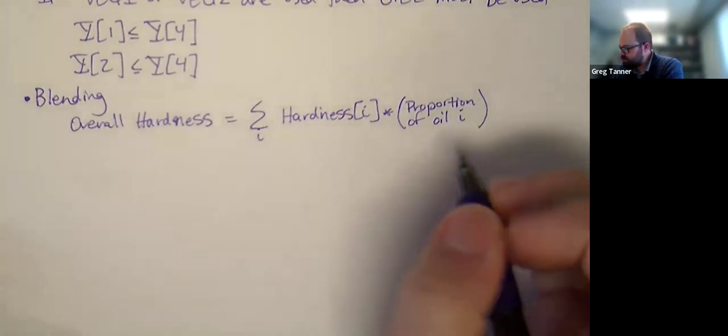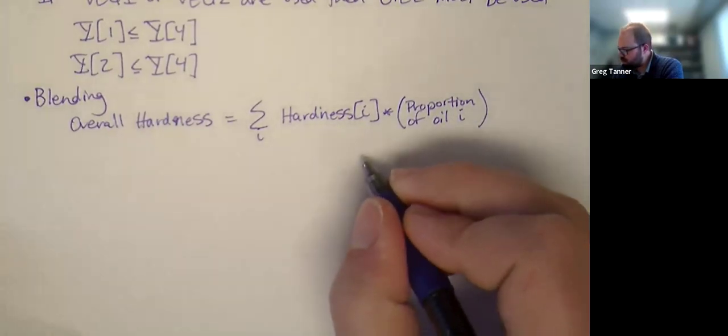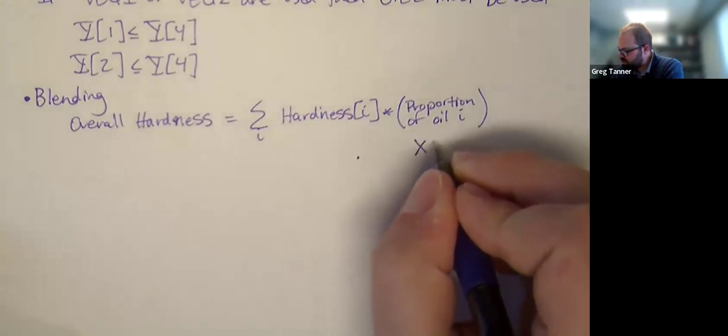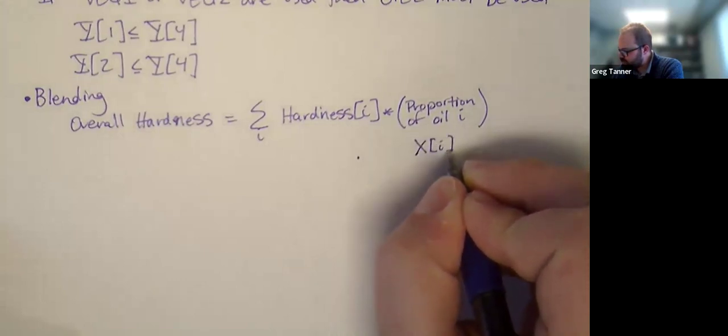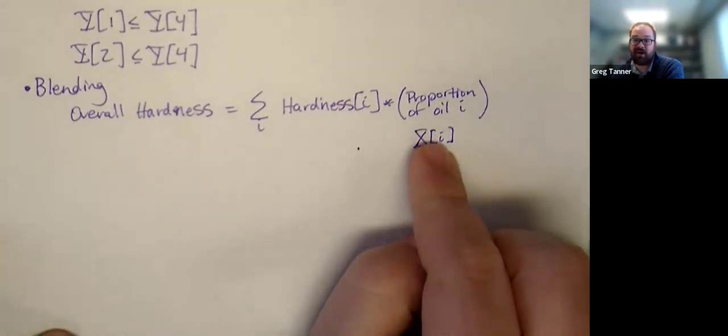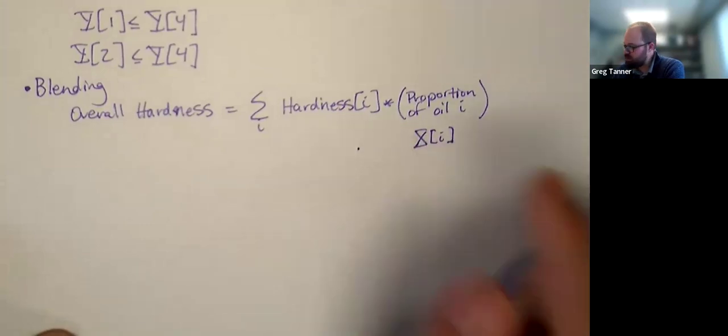Let's think about what this proportion of oil i is. That's going to be xi, the amount of oil i used, divided by the total amount of oil used.